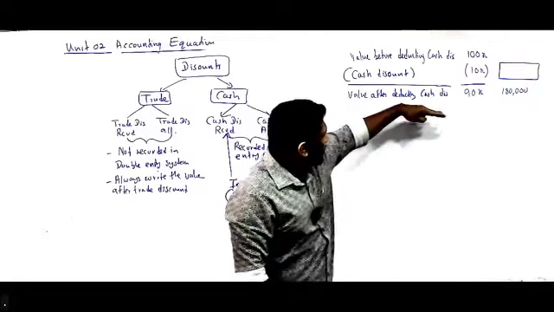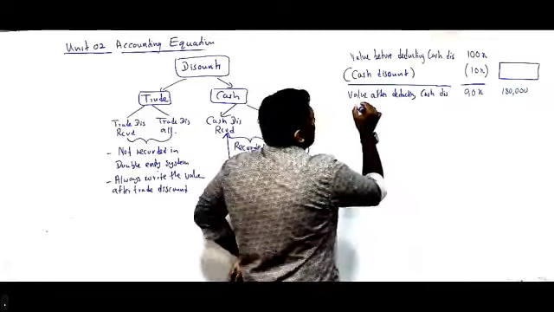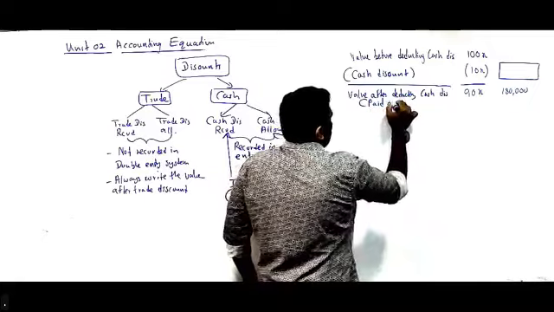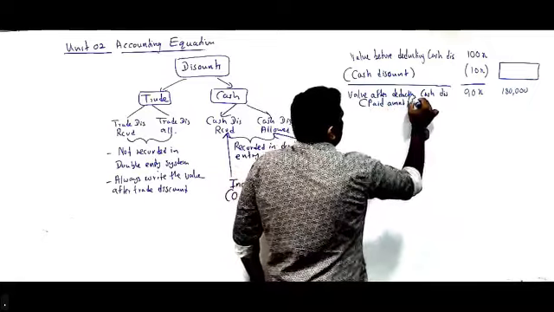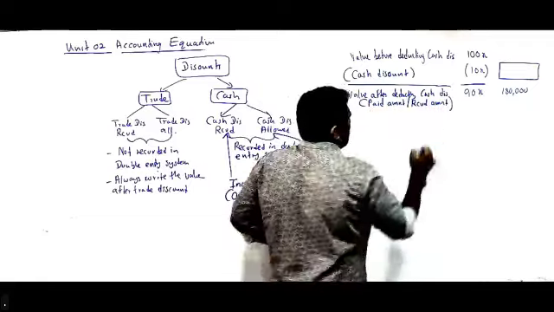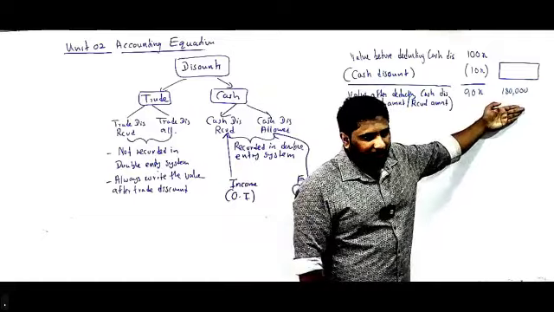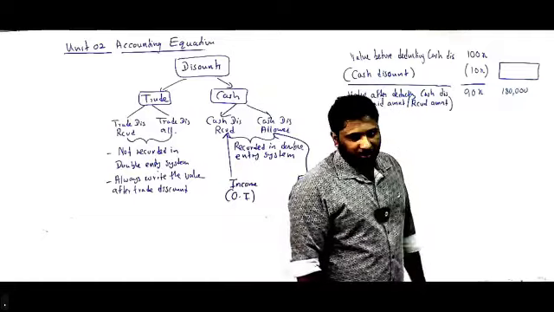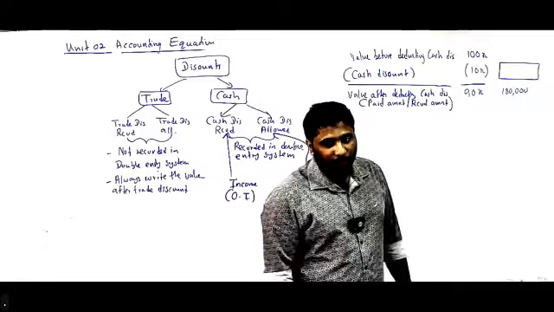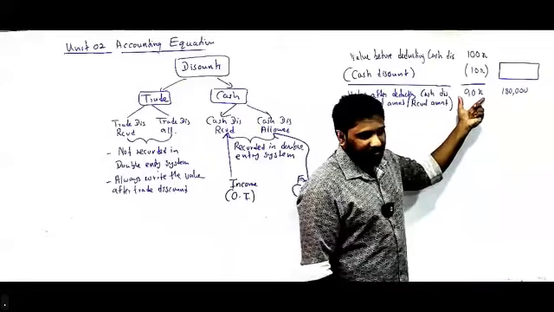If they give the value after deducting the cash discount, that means this is the paid amount or the received amount. They are telling we paid 180,000. Tell me how much discount we received. How to find it?